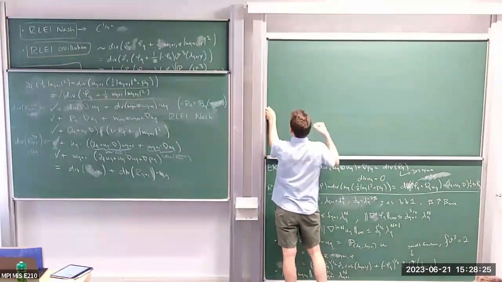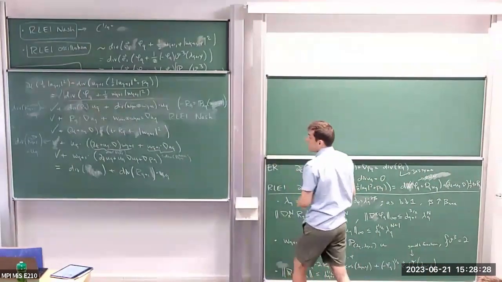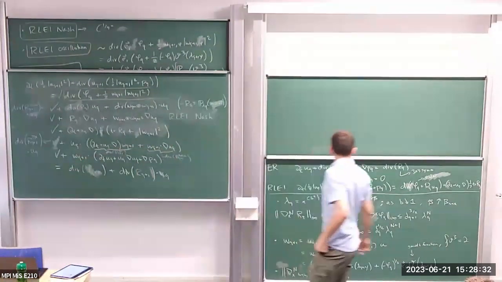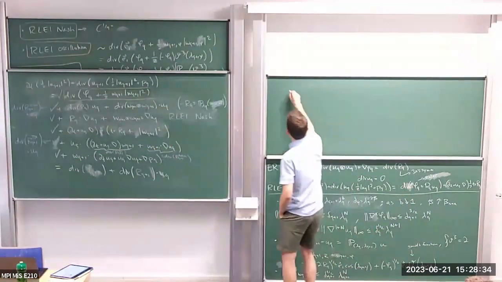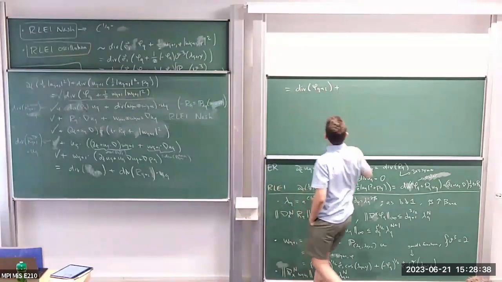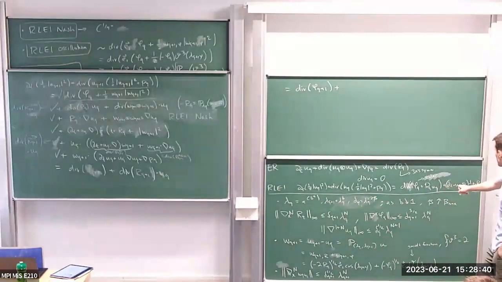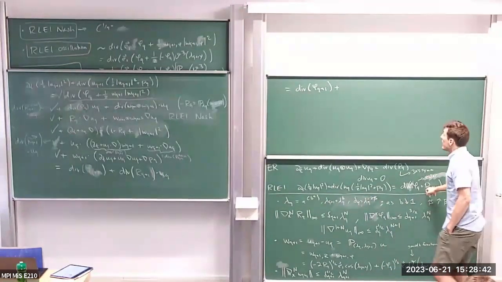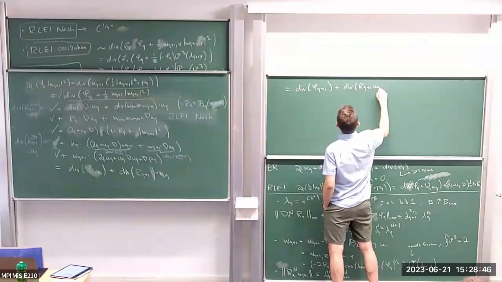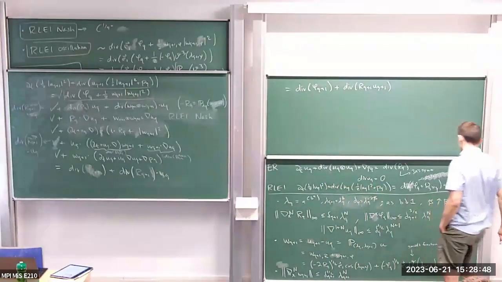And what would I like to find on the right-hand side of this mess? Well, what I would like to find is div of phi q plus 1 and div of RQ plus 1, UQ plus 1.